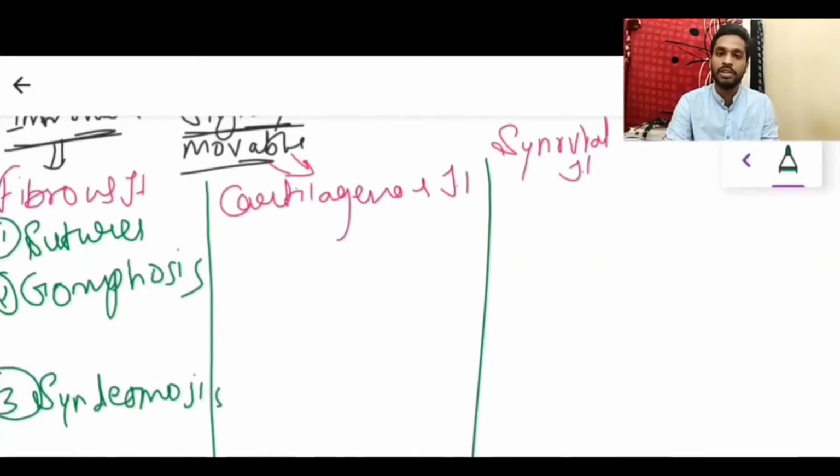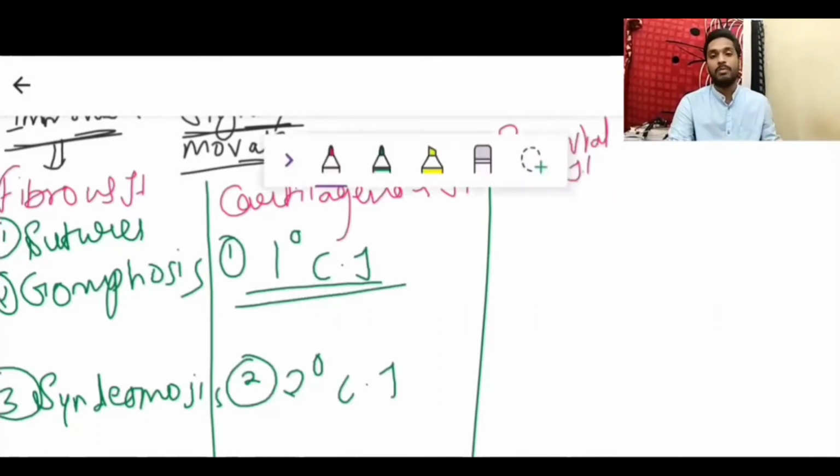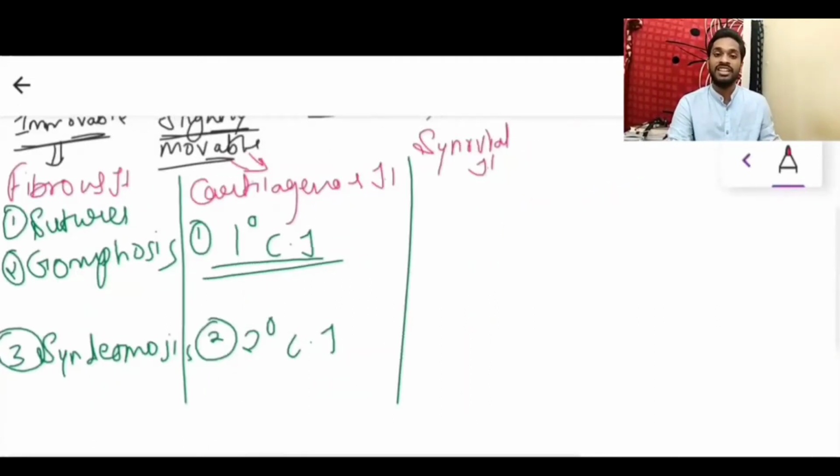Now talking about the cartilaginous joint, which is slightly movable. In cartilaginous joint, it is very simple to remember. There are two types of cartilaginous joint. One is primary cartilaginous joint, CJ, I'll write, and second is secondary cartilaginous joint, secondary CJ. This is the easier version of them, but there is a tougher version or another name of this joint.